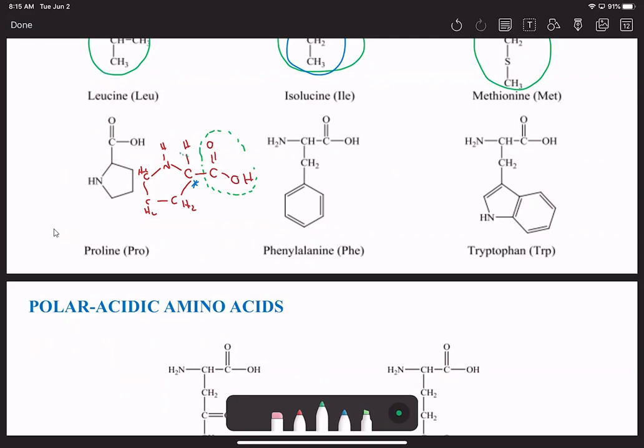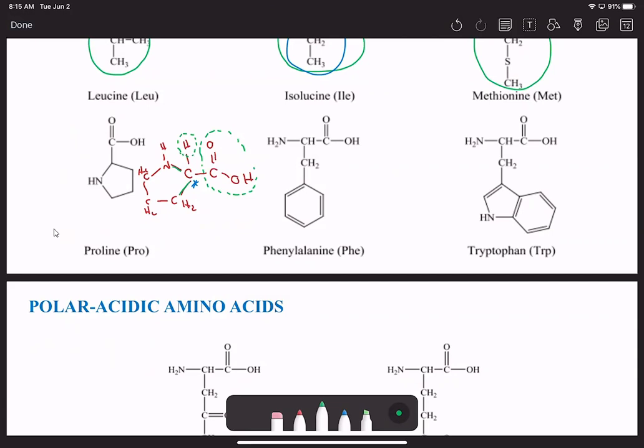There's one group. There's two groups. And here we notice that proline is chiral when we're talking about what's connected to it. Here we have a nitrogen connected, here we have a carbon connected. So I definitely have four different groups attached to this.